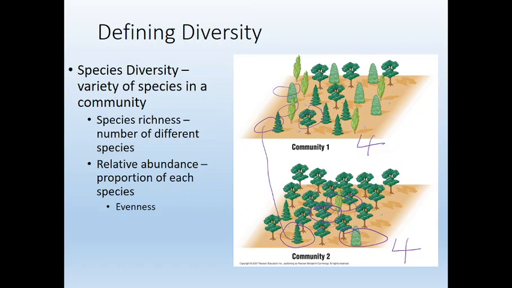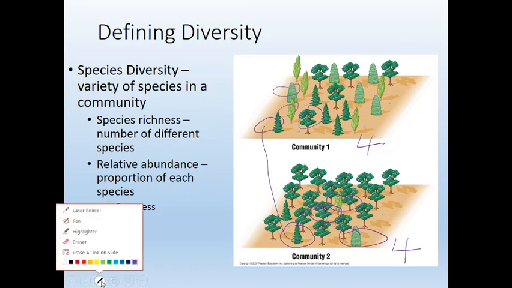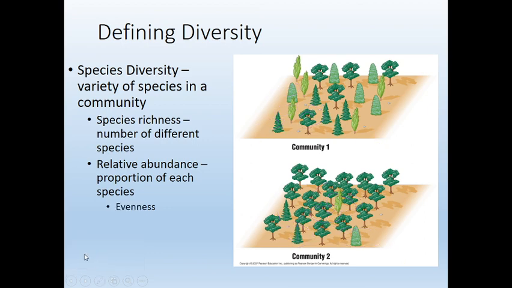But there's another aspect to diversity, and that is relative abundance. So even though species richness here is both 4, there's a huge difference in relative abundance. One other way to think of that is the evenness. Community 2 here is not very even. It's dominated by one species, whereas community 1 is very even, with 4 trees of each species.